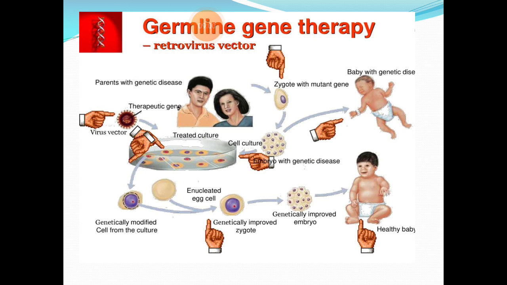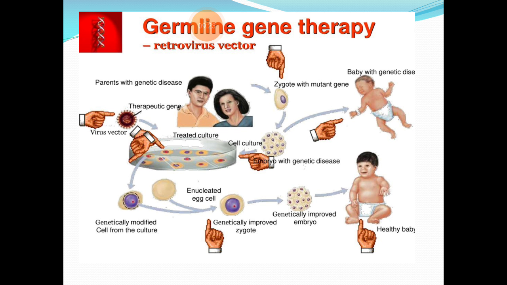Now, this slide will tell you what exactly is done in germline gene therapy. See, here you can see a couple. They are the parents with genetic disease. They have a bad gene in their constitution.